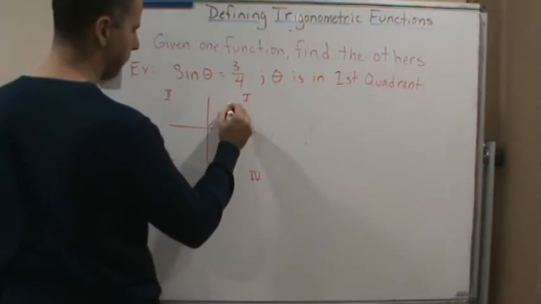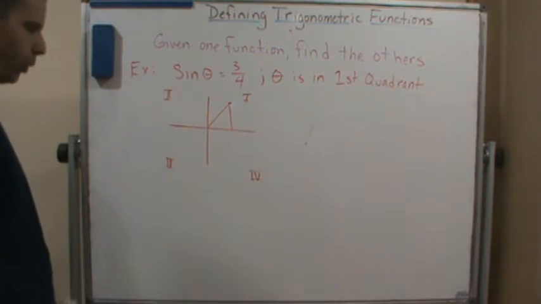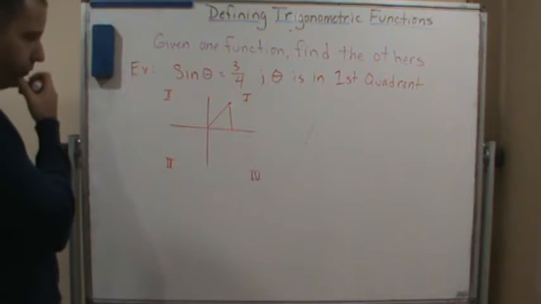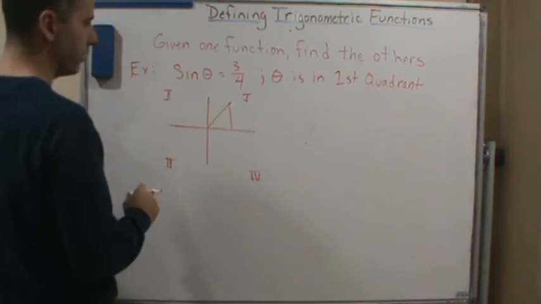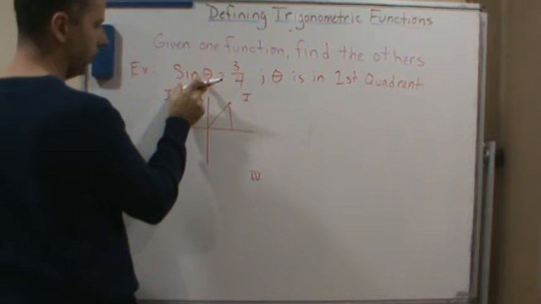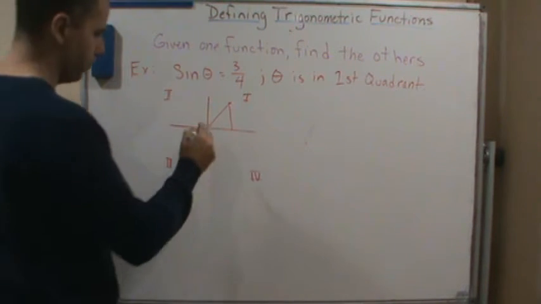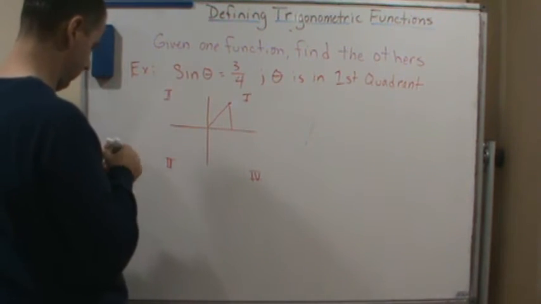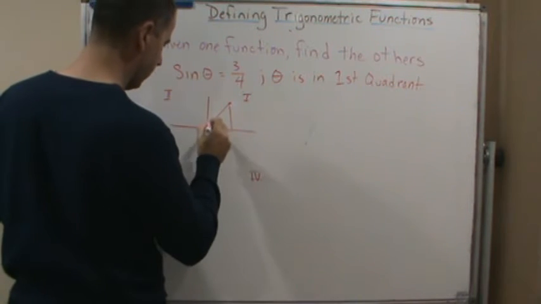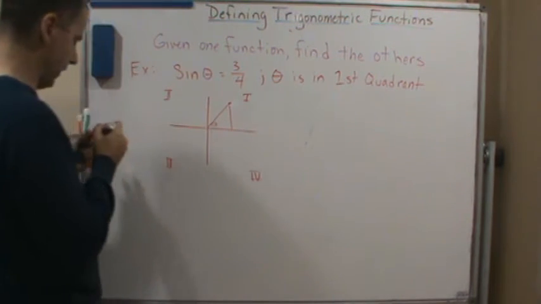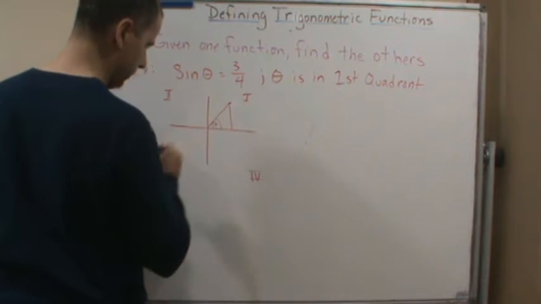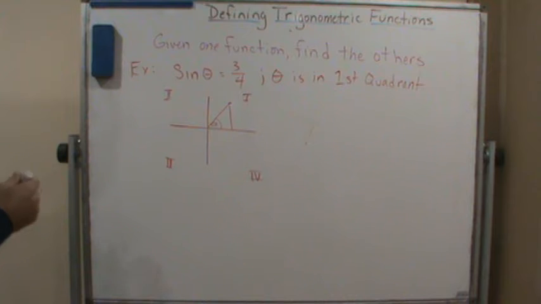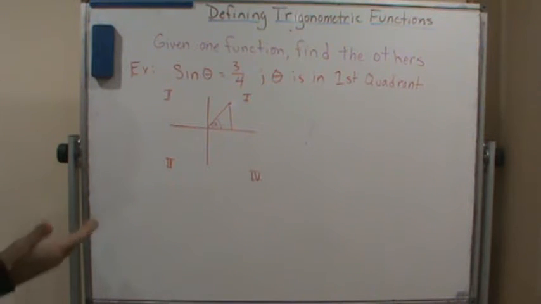We've got our point. Wherever that point is, we don't know, and it doesn't matter. What matters is the ratio. Theta's here, and the sine of that angle is 3/4. So the ratio is 3/4.